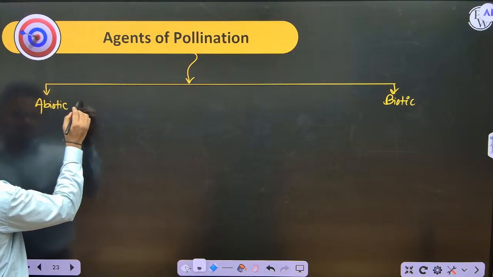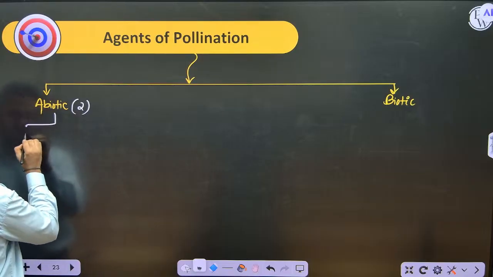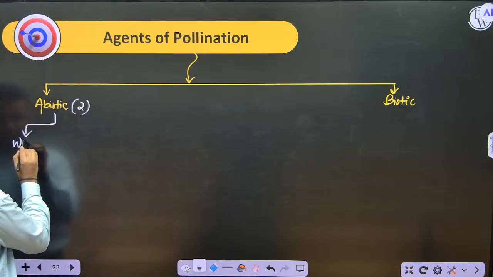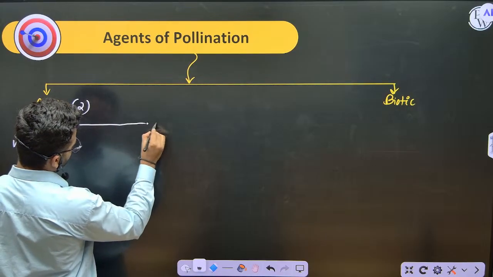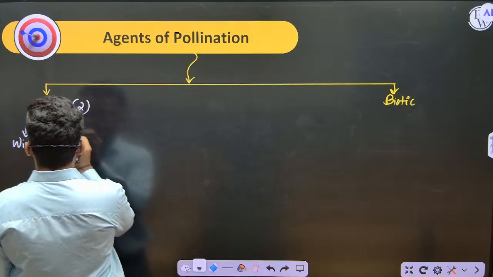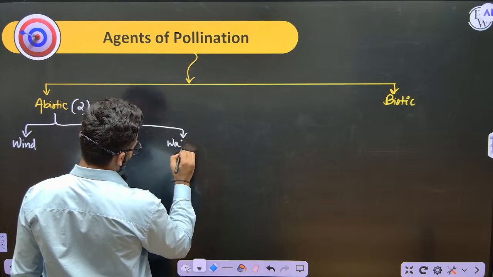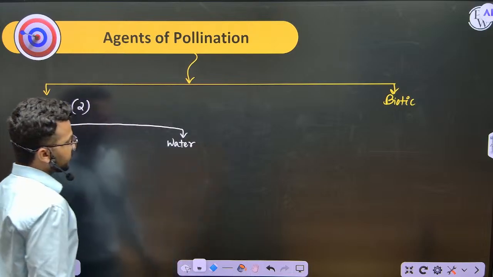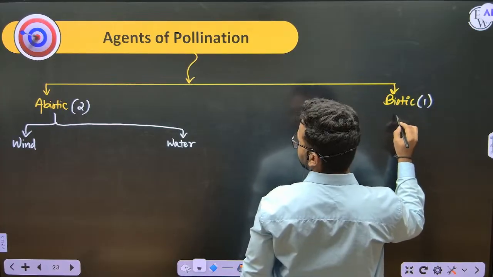The abiotic factors which help pollination are two. One is wind and the other one is water. So these are abiotic. But in the case of biotic, there is only one, that is animals.